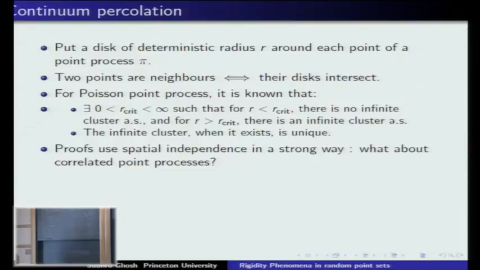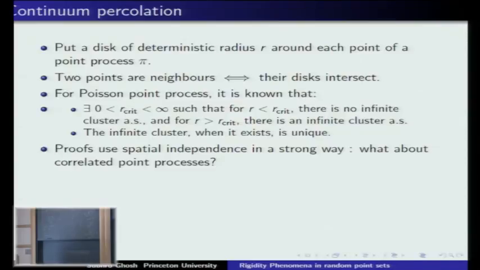This can be done with positive probability since it's a Poisson process, and if there are a lot of points inside, the disks corresponding to these points will join up the two infinite clusters. So if you have two infinite clusters with positive probability, then you also have one infinite cluster with positive probability, which is a contradiction because the number of infinite clusters is almost surely a constant because of ergodicity.